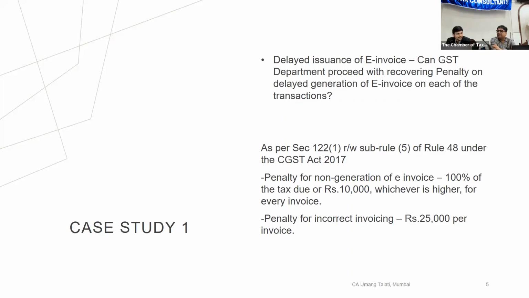Yeah, go ahead. Hi, this is Krita here from Saket side. I would like to make a point that for imposition of penalty, the department should prove mens rea, or guilty mind, or intention to evade tax.